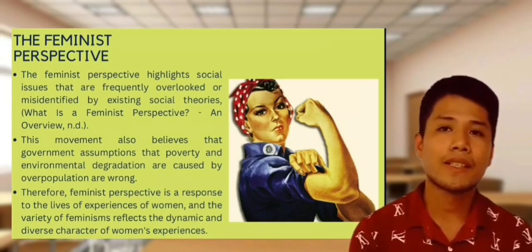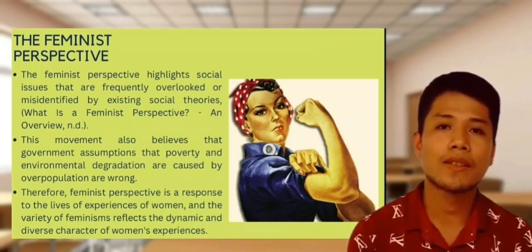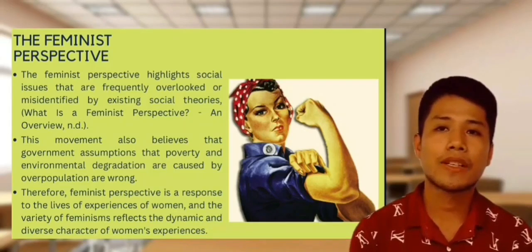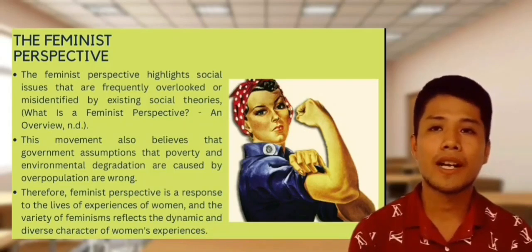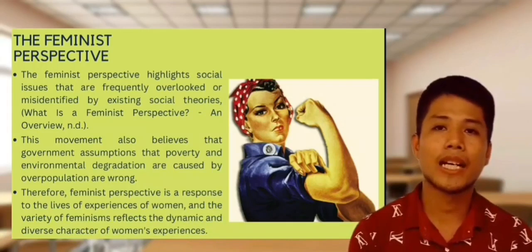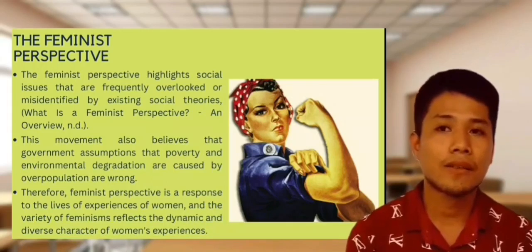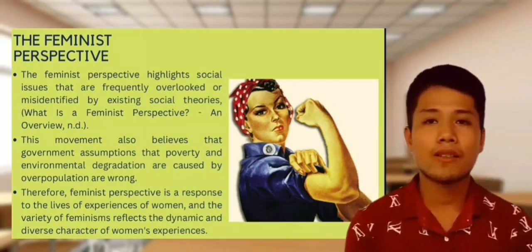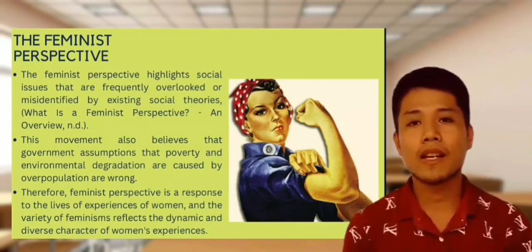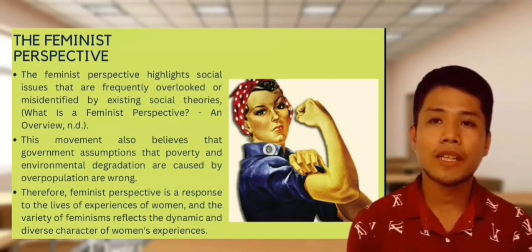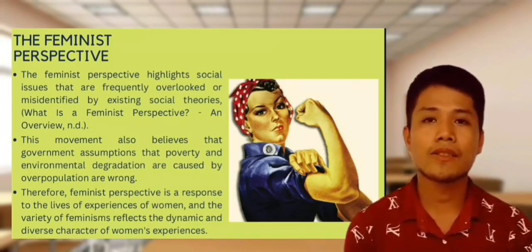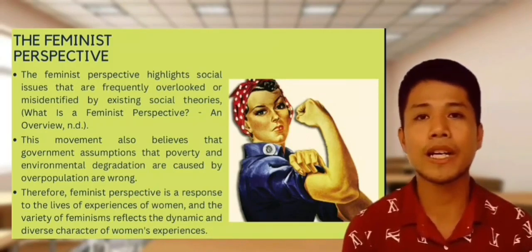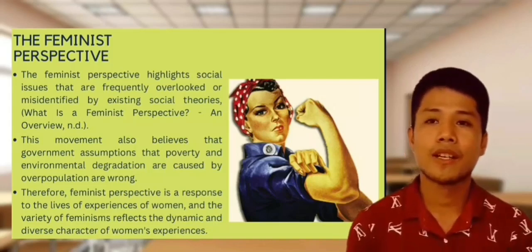Lastly, feminism is also a response to the lives and experiences of women, a variety that reflects the dynamic and diverse character of women's experiences. This movement also disputes the government assumption that poverty and environmental degradation are caused by overpopulation.